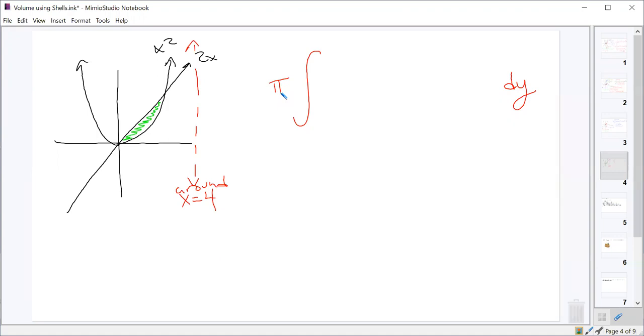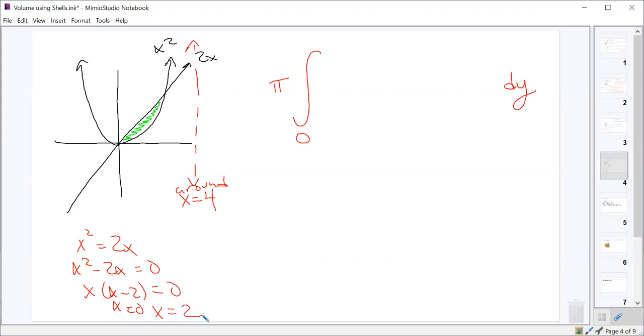Zoom good? Yes. Class good? Good class. Okay. What's the bottom? 0. What's the top of this region? Where they intersect, the y value of where they intersect. So when x squared equals 2x, well, that's just a simple quadratic, right? x times x minus 2, they intersect when x equals 0 and x equals 2.